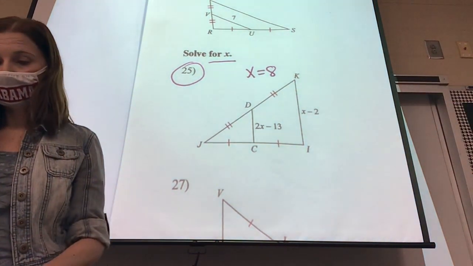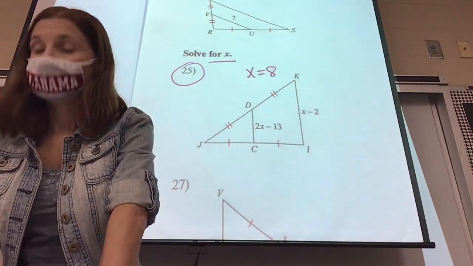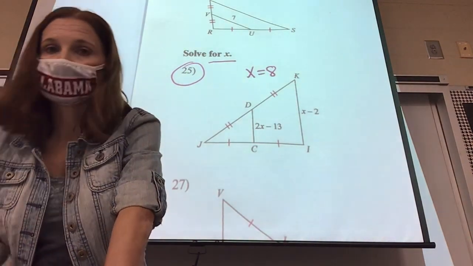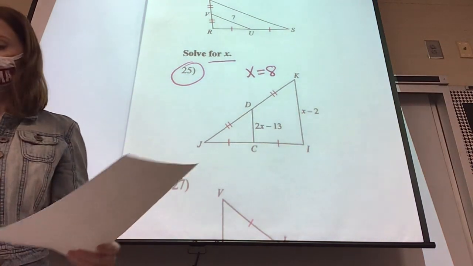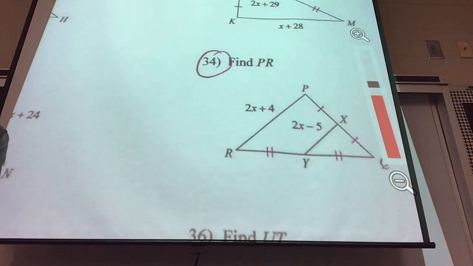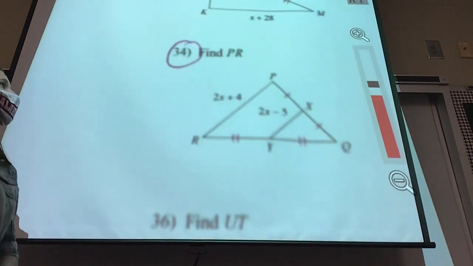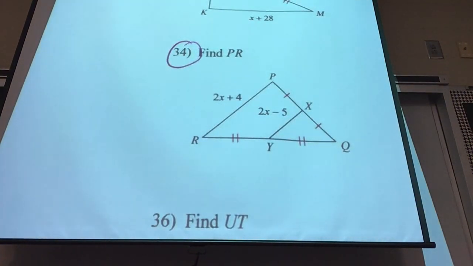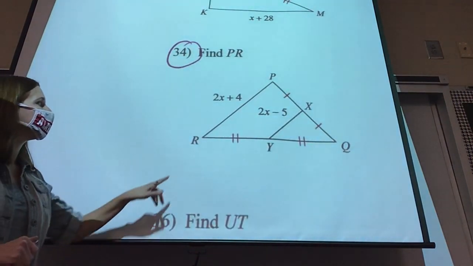So everybody's good. You showed me, we about to start on homework after this? In just a minute, we're going to do one more. Okay. Now we're going to do number 34 here. So this time around, your job is to find PR.